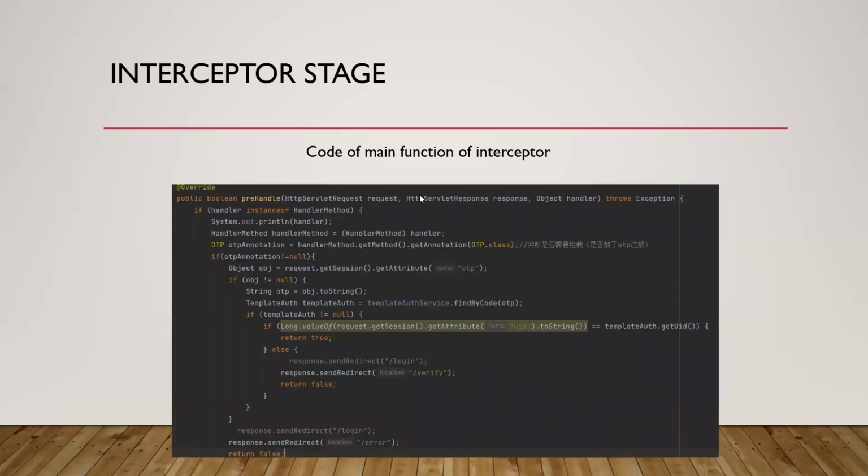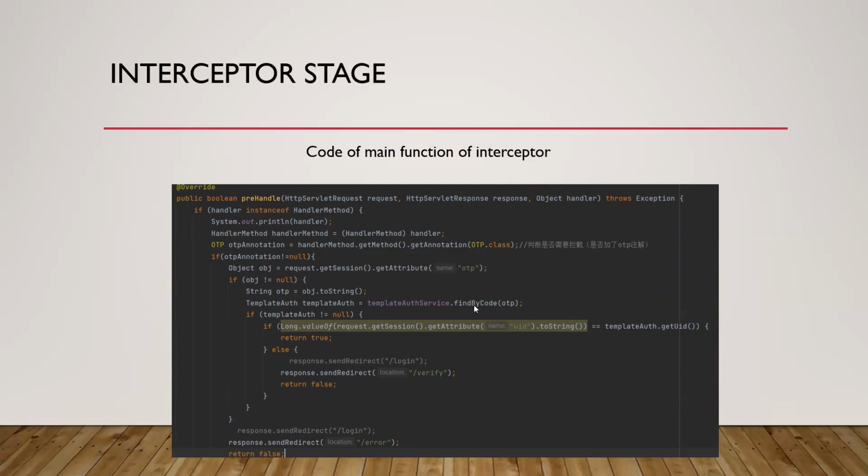That's the main function of the interceptors. The first part is to check if these controller functions need to be intercepted or not. If needed, they will get the OTPs from the verify stage, check the OTPs in the database, and also check whether the UIDs are equal in the database.